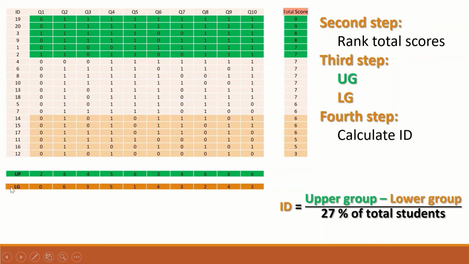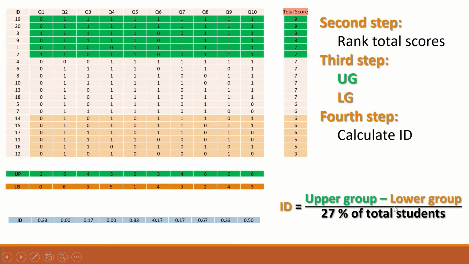At the same time we calculate the lower group by counting the number of students who answered correctly. For question number 1, no one has scored, so it's 0. For question number 2, 6 students answered correctly, and for question number 10, only 3 students answered correctly.